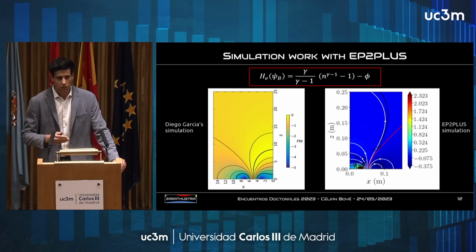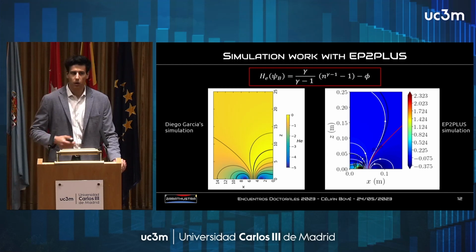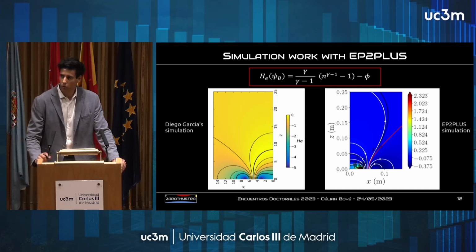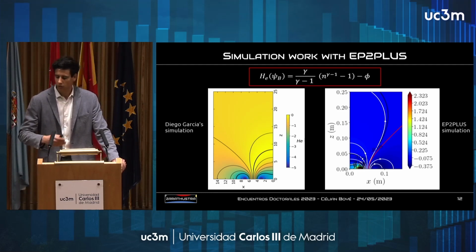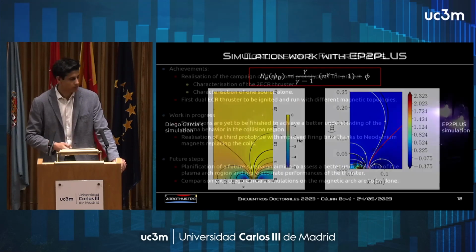So one of the main goals of these simulations is to make this comparison, and moreover to have a better understanding of what's happening outside of the thruster exhaust. We are using quantities such as the electron energy to compare the two codes, and moreover the density of ions and also the currents of ions and electrons.